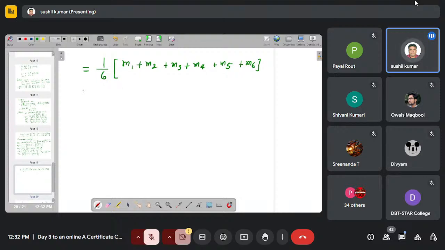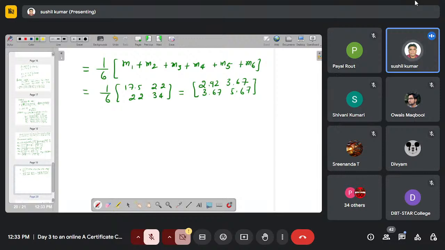The total values are 17.5, 22, 22 and 34. So the covariance matrix will be 2.92, 3.67, 3.67 and 5.67. So this is my covariance matrix.